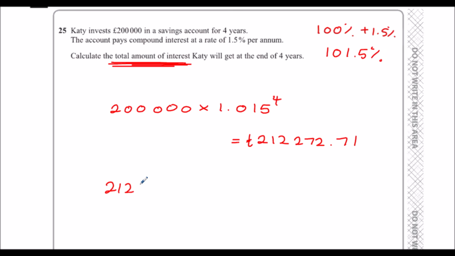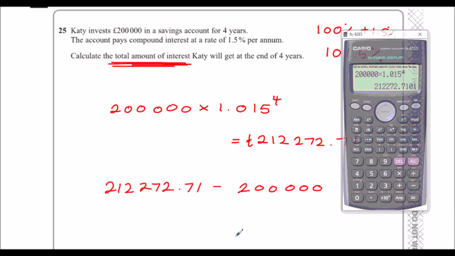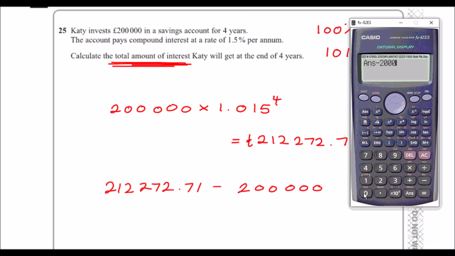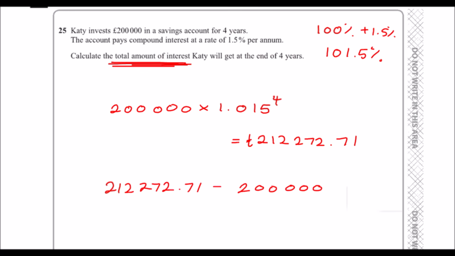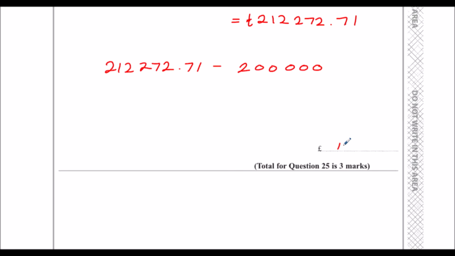So let's take away the original 200,000, and what's left will be the interest, which is £12,272 and 71p.